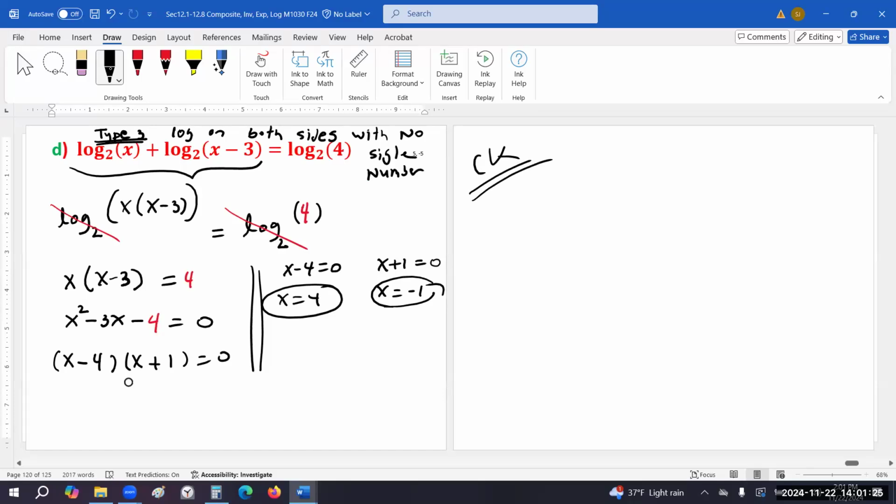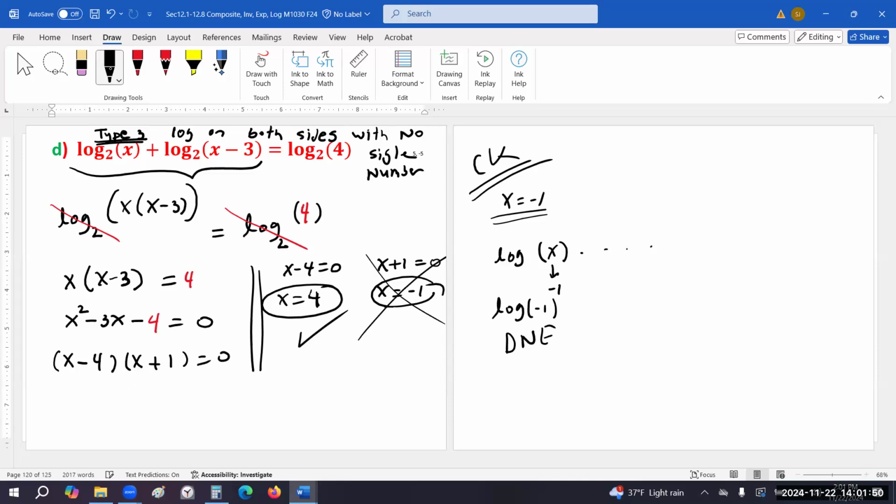What do you think? Do both of them work or only one of them? Which one will work? Because when you check negative 1, we have log x. We don't even have to write the rest, because when x is negative 1, we get log of negative 1 and it doesn't exist.